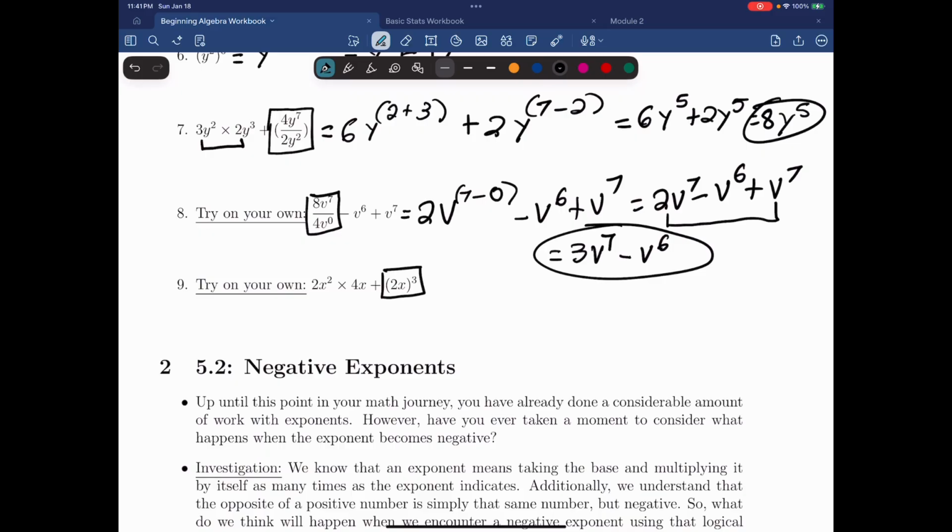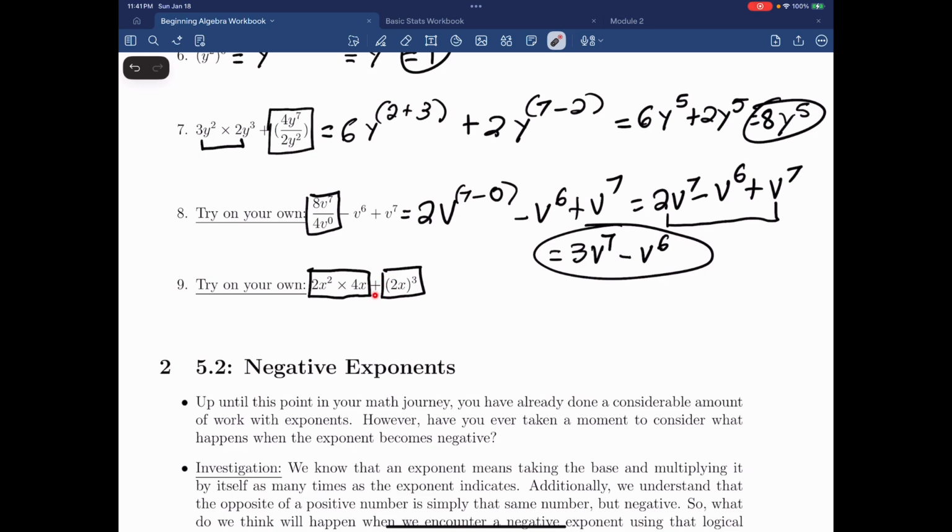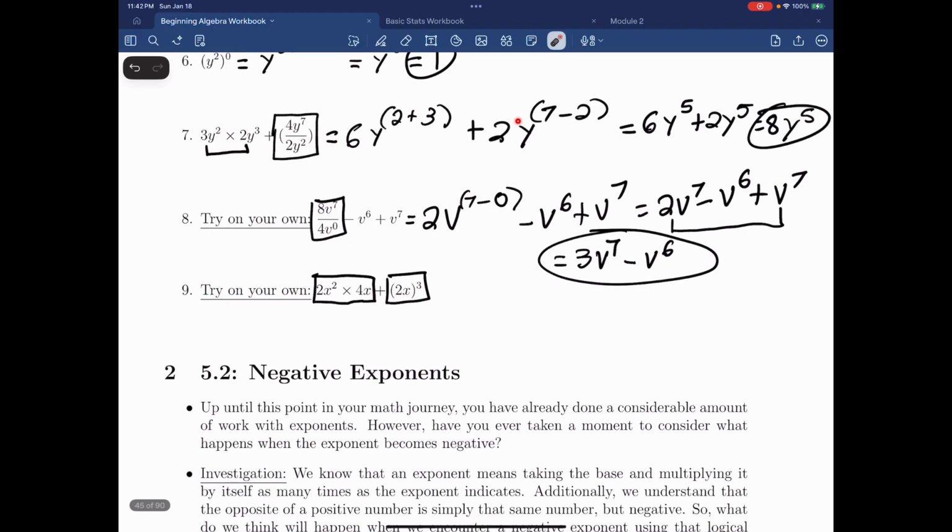So this is an island and this is an island, separated by this addition symbol. So since this is separated by this addition symbol, I can simplify this and this at the same time, just like how I did this problem. I simplified the product and the quotient at the same time, all in one step, and then I end up adding them together. So that's what we're going to do here.